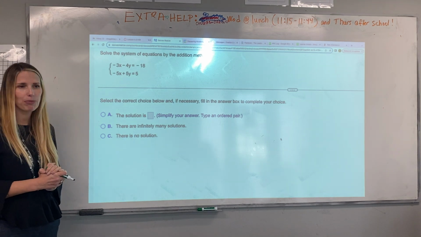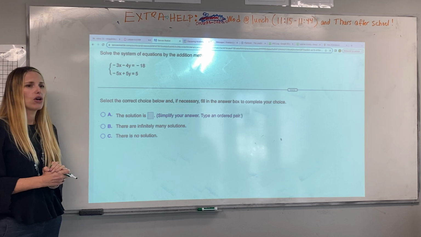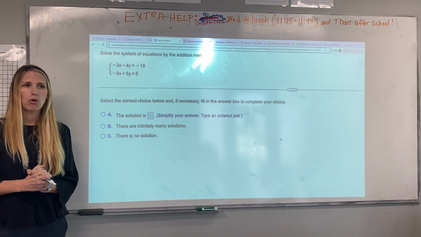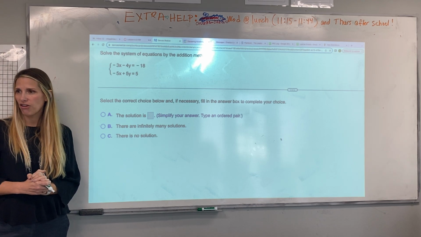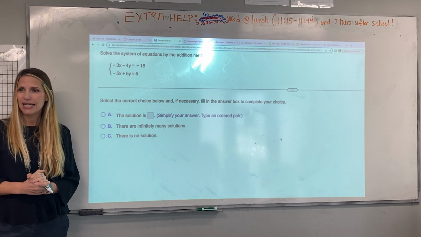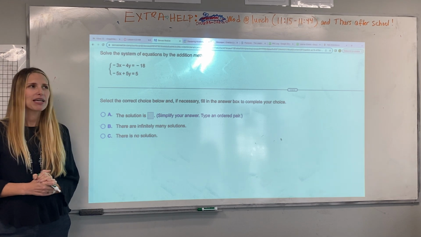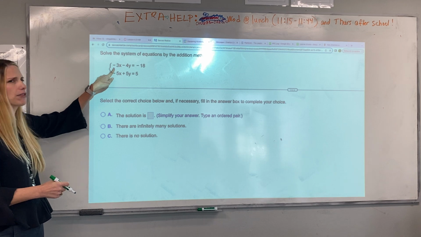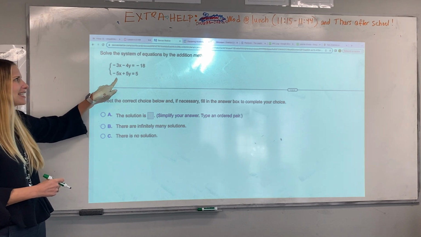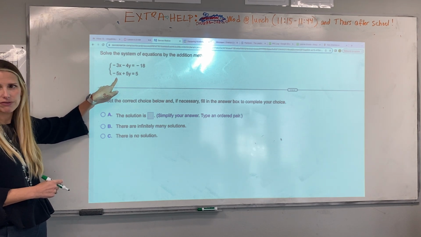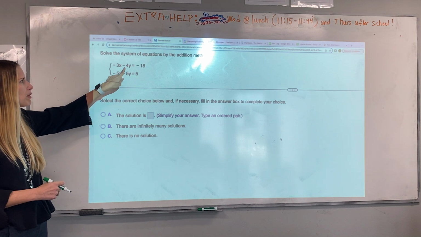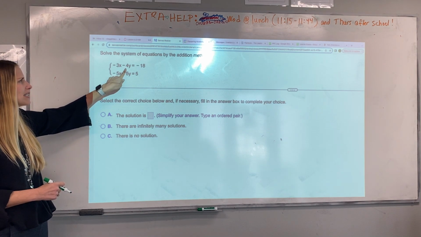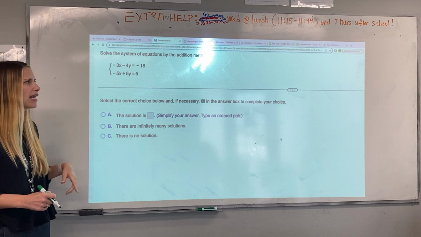Now here's the tricky part. I'm going to have to multiply both of my equations by something to get them to match. Because I can't multiply negative 3 times something to get a positive 5. I can't multiply negative 4 times something to get a negative 5 to cancel it out.